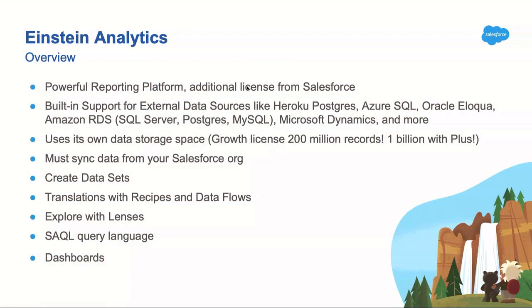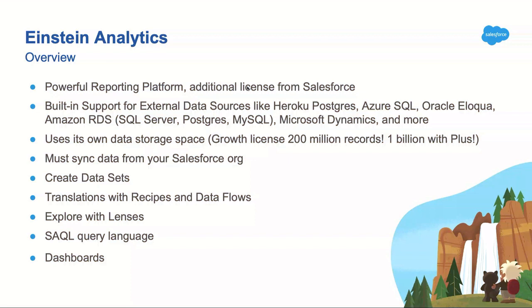All right, so for anyone that might not be familiar with Einstein Analytics already, of course, it's a powerful reporting platform available from Salesforce, in addition to what you might use as standard reporting functionality. It's an additional license for additional features.